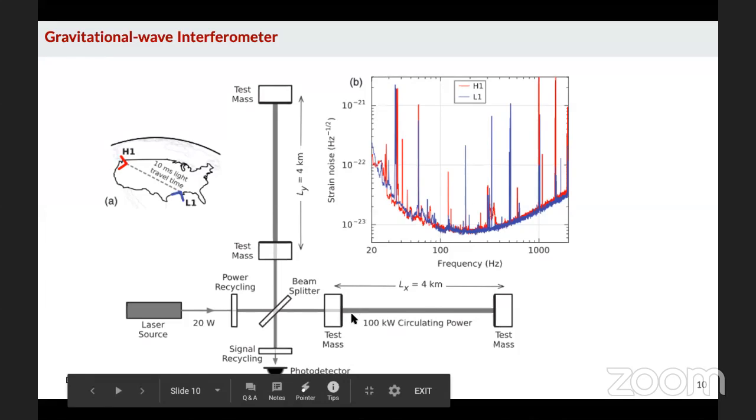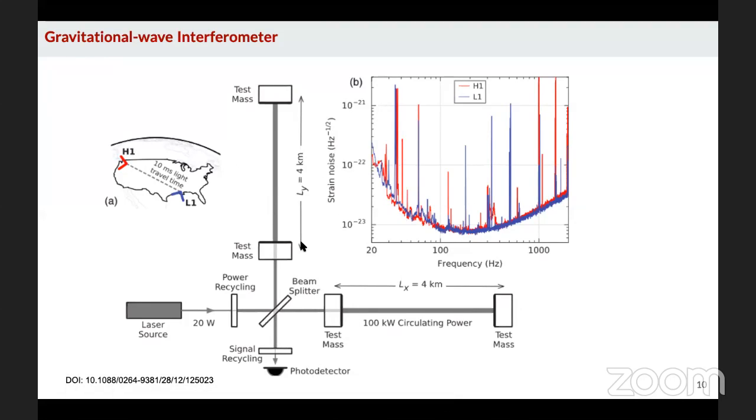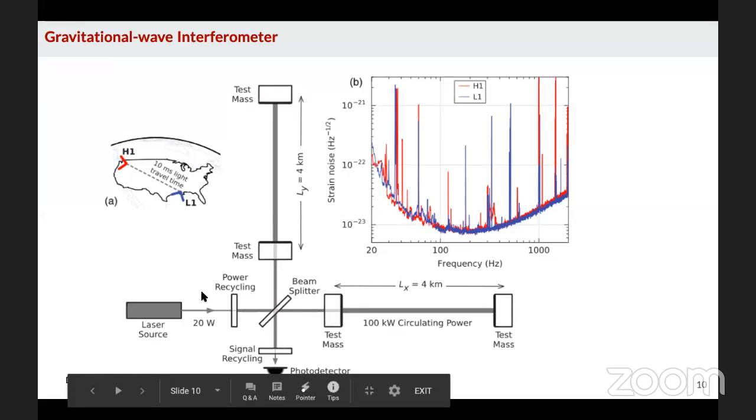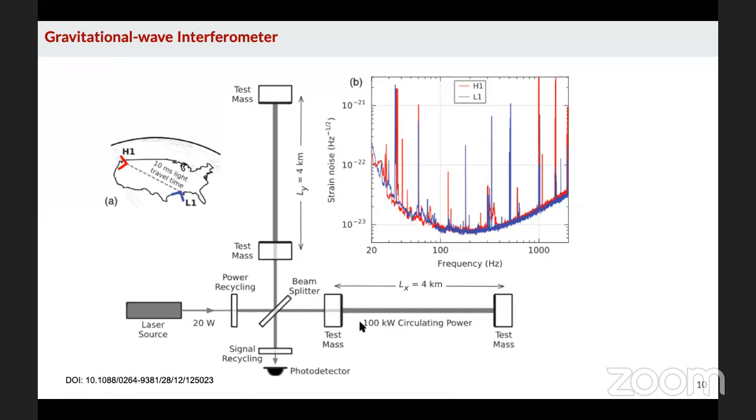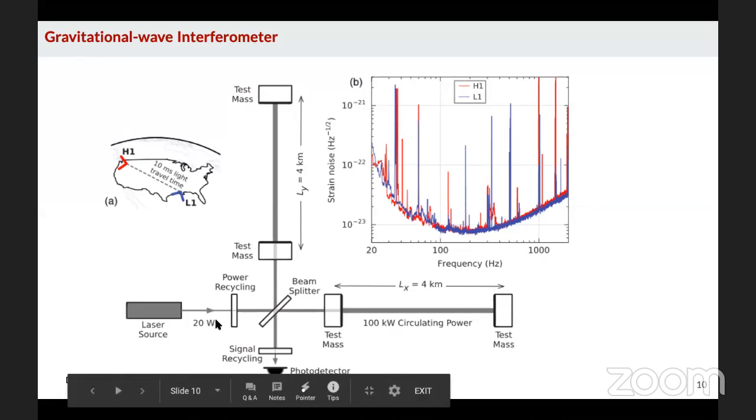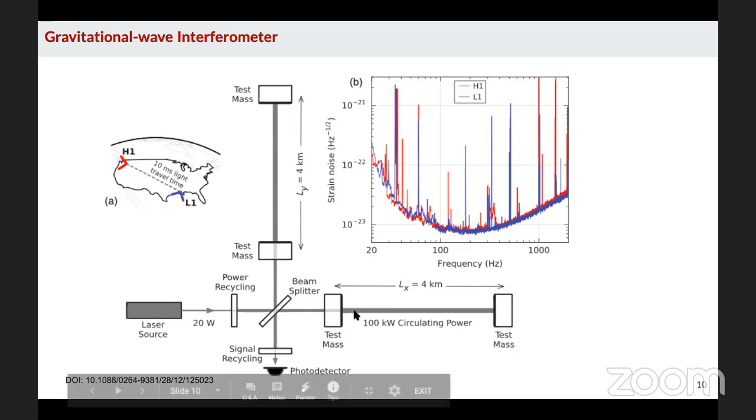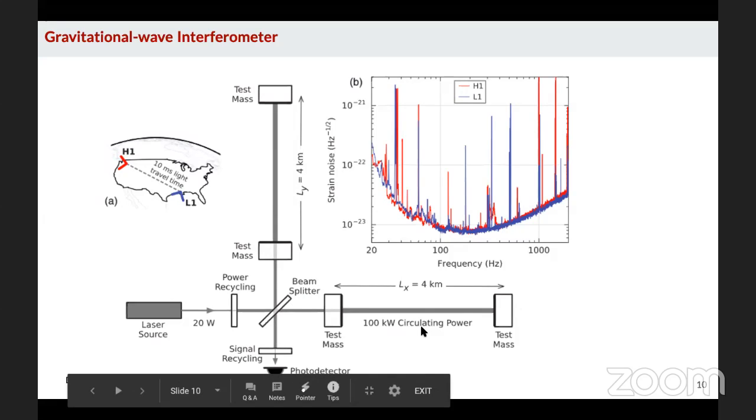Basically it can change the arm lengths to some extent that can be measured by the detectors. I'll explain how the detection actually works in the next slide, but these components are all necessary. This cartoon represents only a few components, but there are thousands of components attached to each test mass, in order to increase the sensitivity of the system. Does that answer your question?